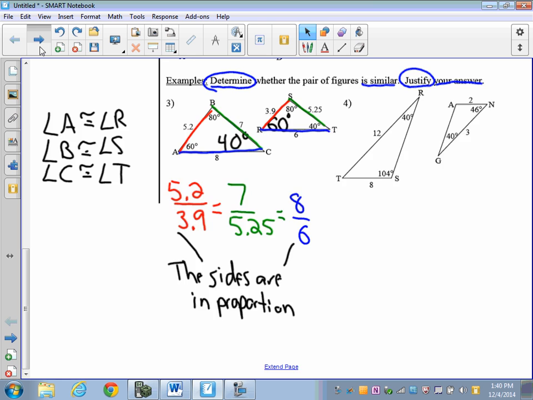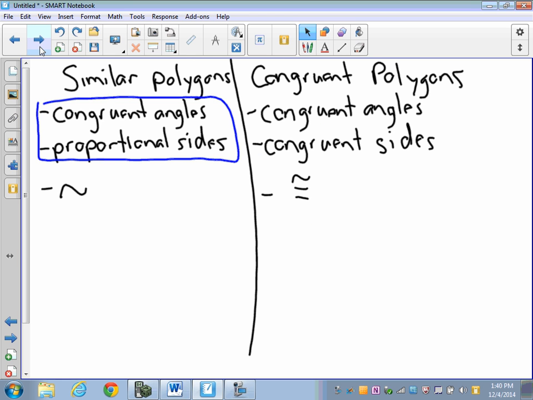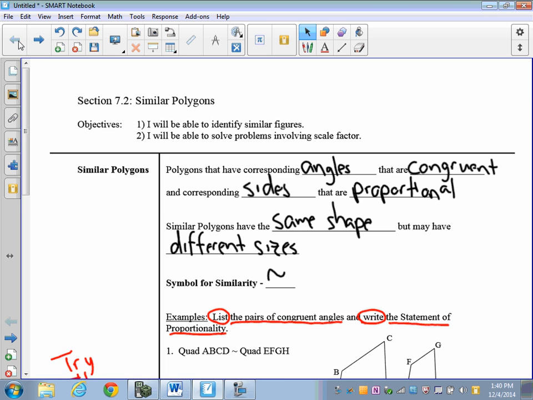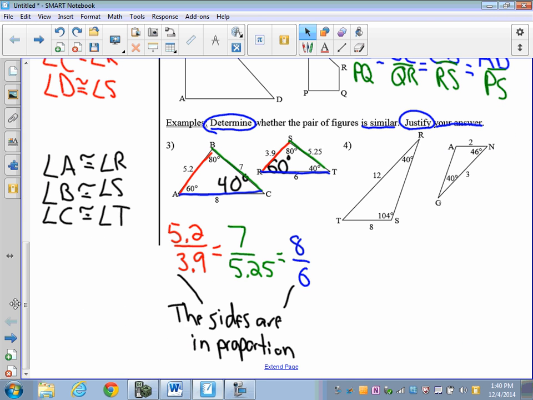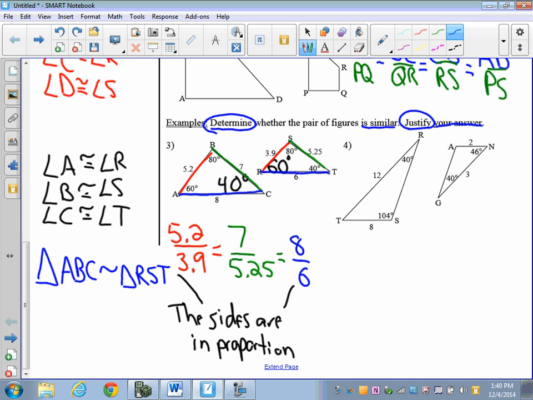So I've met both of my qualifications here. I have all congruent angles and my sides are proportional. So that means the triangles are similar. If I want to write a similarity statement, I would just say triangle ABC is similar to triangle RST. Notice all my letters are in the same order. The first, second, and third, the first, second, and third.